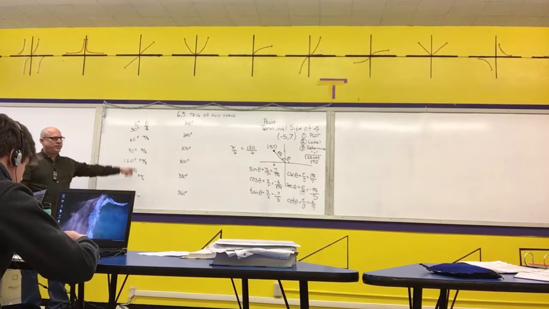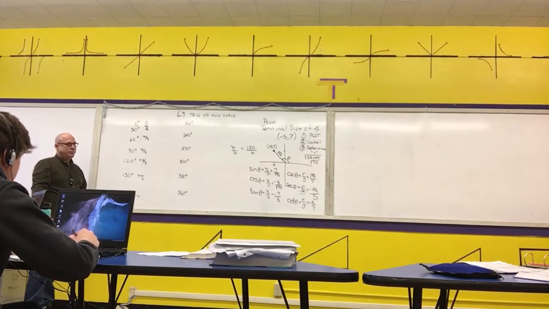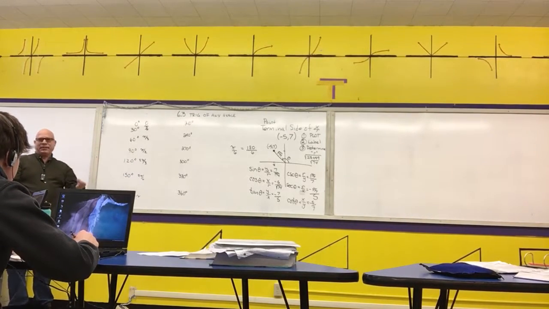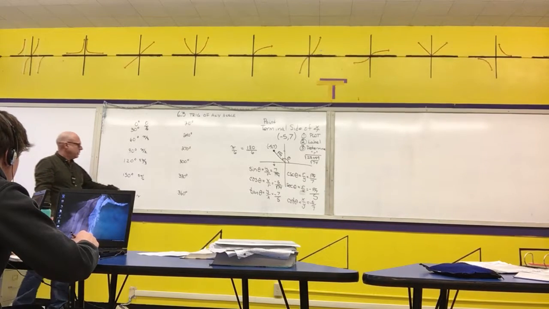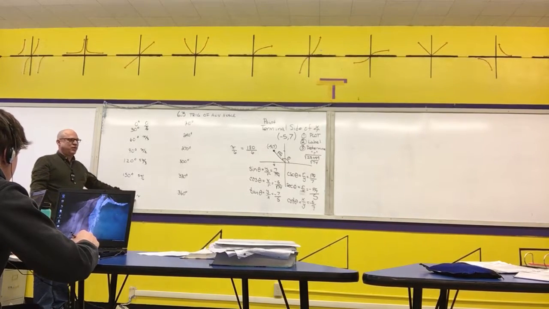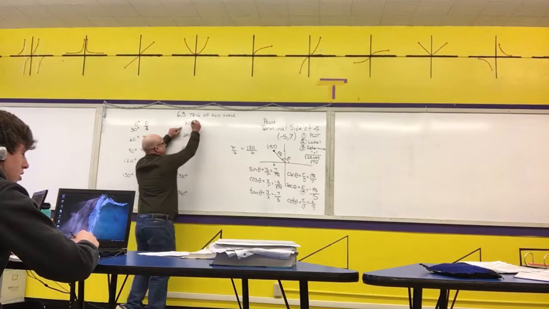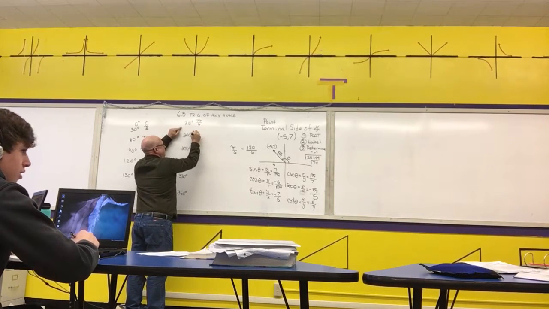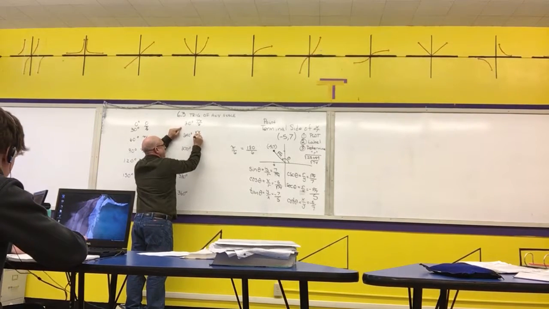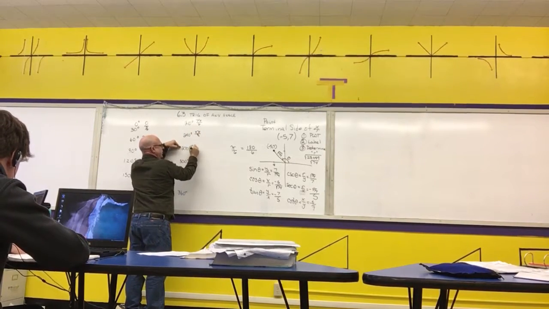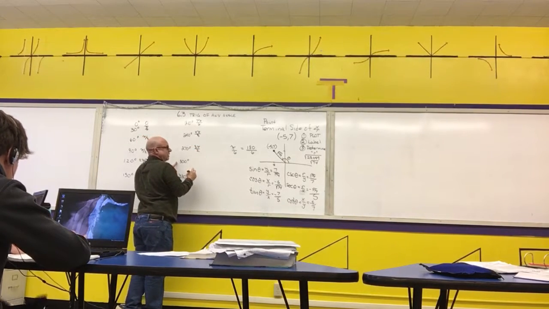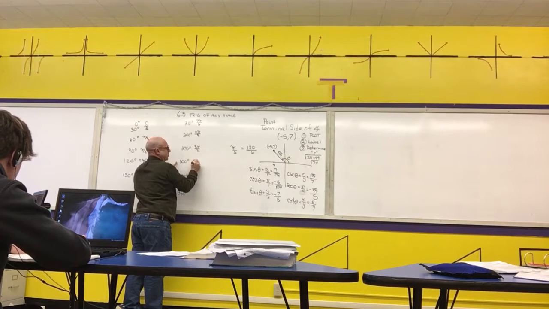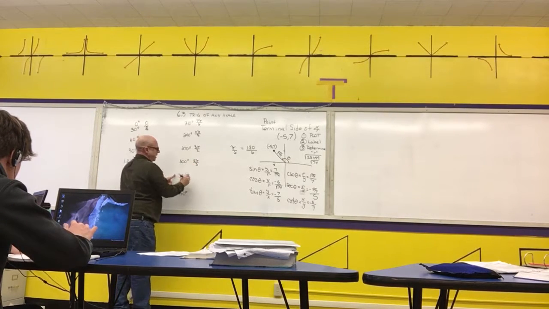Any questions how I got the radians for the first group? All I did was add a successive pi sixth and simplified. So 6 pi sixths plus 1 pi sixth is 7 pi sixths. 8 pi sixths would be 4 pi thirds. 9 pi sixths would be 3 pi halves. 10 pi sixths would be 5 pi thirds. 11 pi sixths.